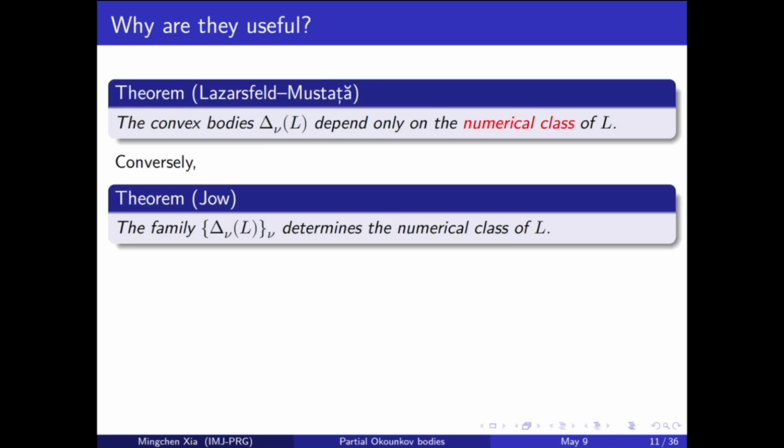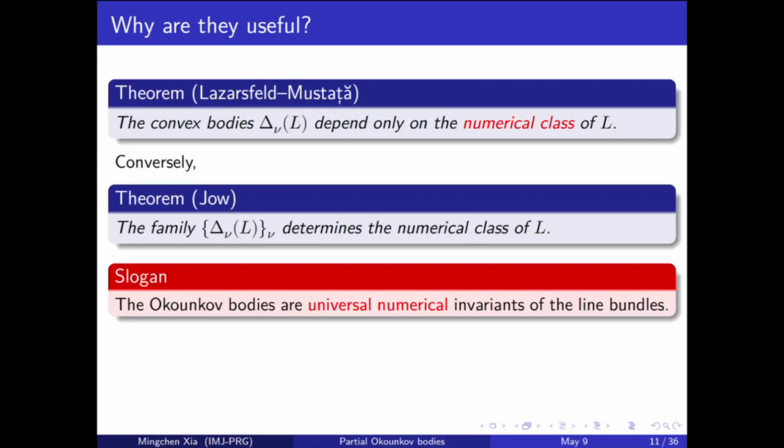That was the theorem by Zhou, which says that if you consider the family of all these Okounkov bodies, I mean, consider the Okounkov bodies for all flags, then this family actually determines the numerical class of L. So put it in a fancier way, that means the Okounkov bodies are universal numerical invariants of the line bundles.